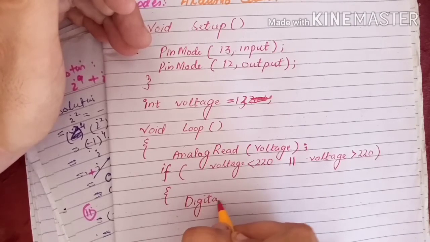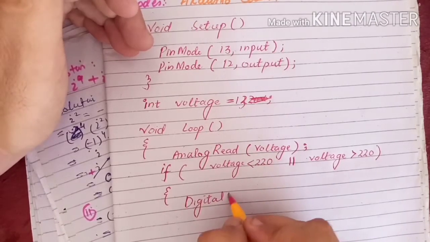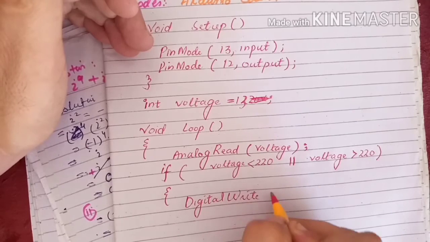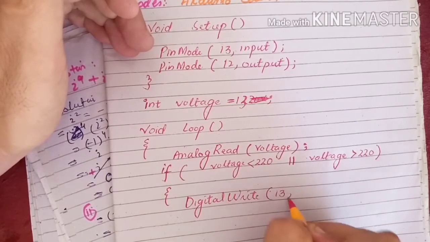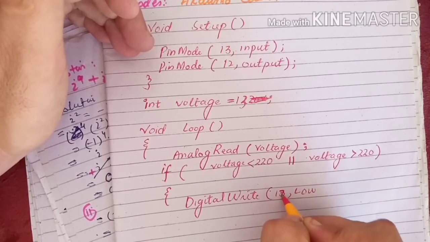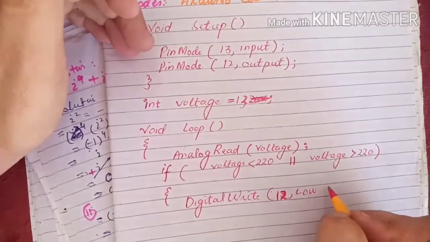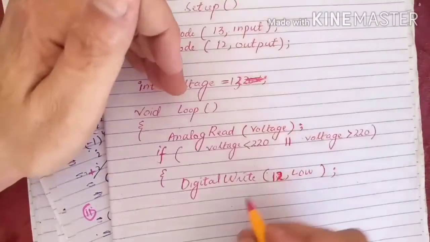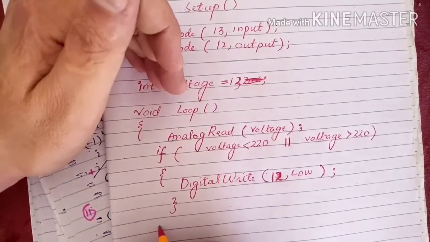When voltage is less than 220 or greater than 220, it will read and send the signal digitalWrite 12 LOW, since 12 is the output pin we have selected.